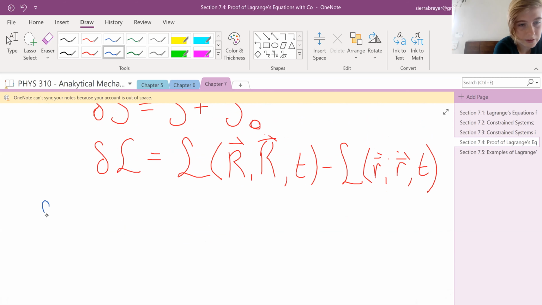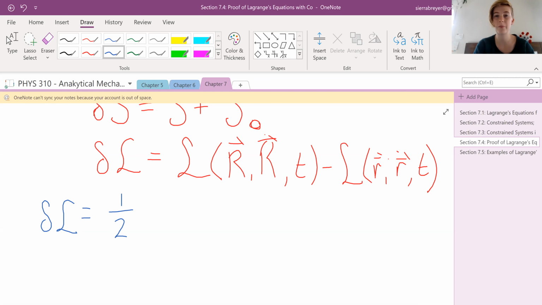I'm going to do it in blue now: the change in the Lagrangian is going to be equal to, and this is where we use the Lagrangian equaling kinetic energy minus potential energy, and we're just going to apply that to this change that we see.